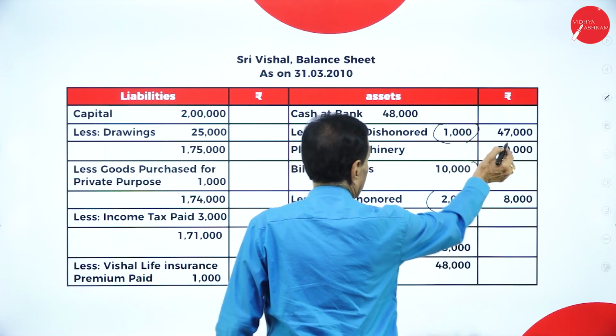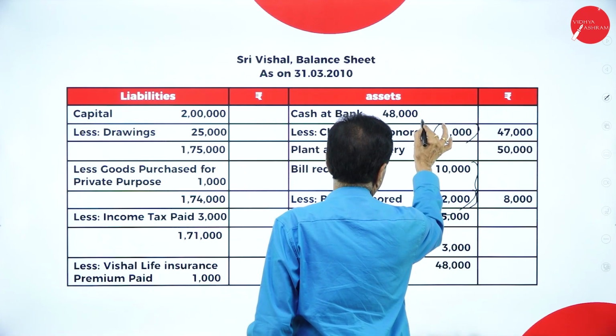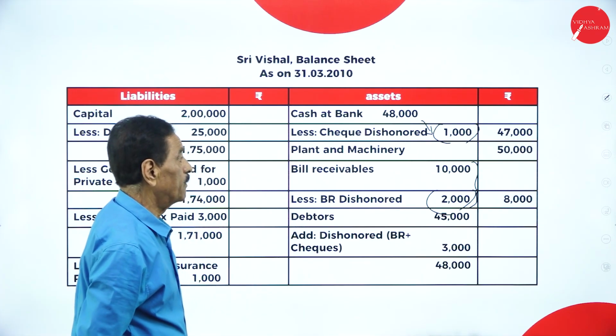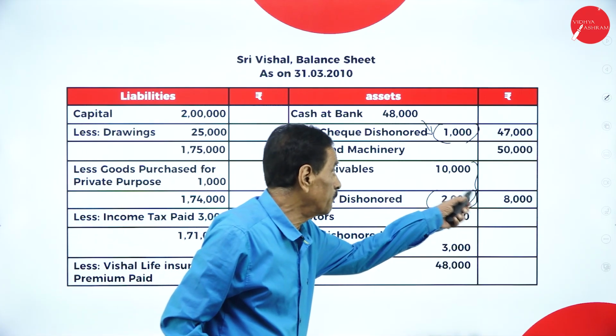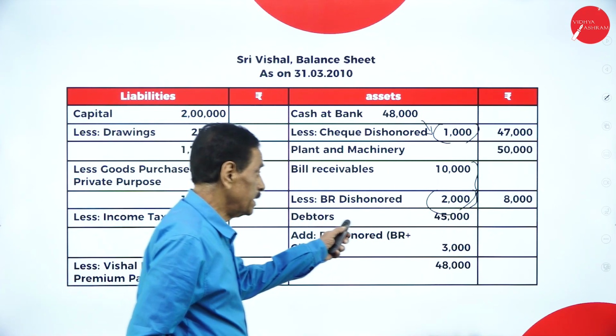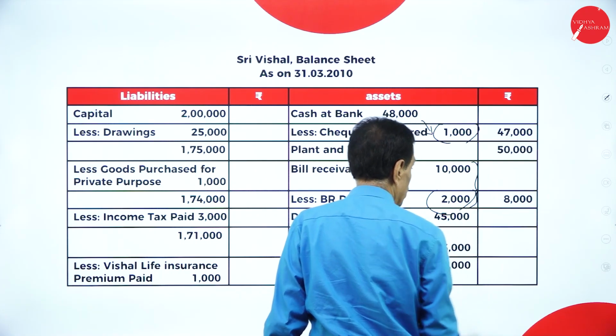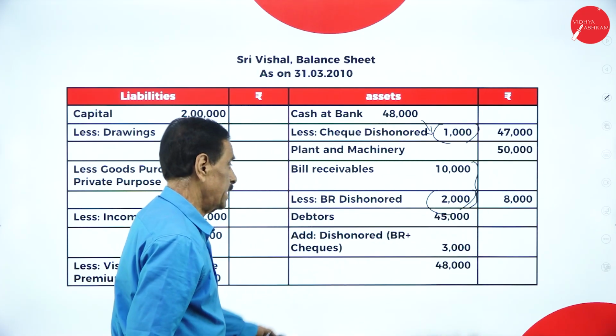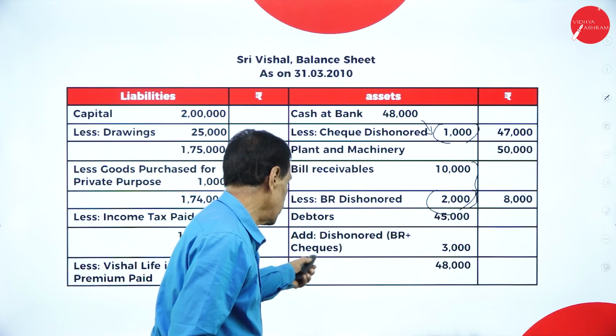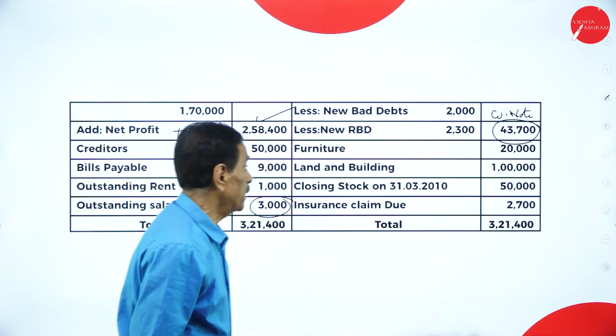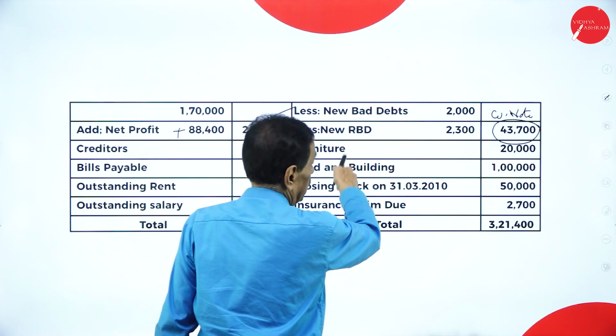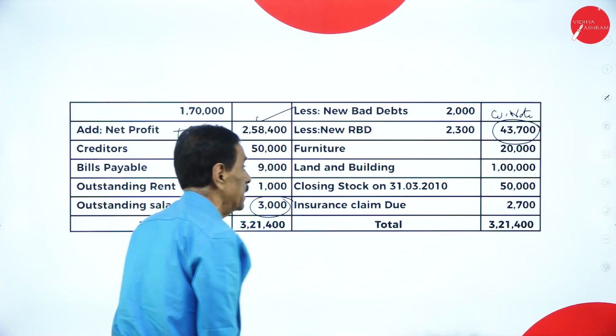Check dishonored, 48,000 less 1,000 becomes 47,000. Plant and machinery 50,000. BR 10,000 less dishonor 2,000 is 8,000. Then debtor 45,000, BR and check dishonor 3,000, 48,000. Less new bad debt plus new RBD, 43,700.